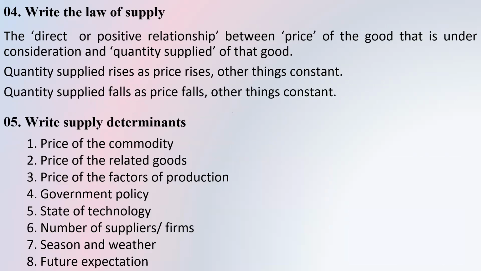Then when we consider the supply side, it is also very similar to how we explained demand. Only the name changes. Whatever we already learned under the theory of demand, we can also use when explaining supply.